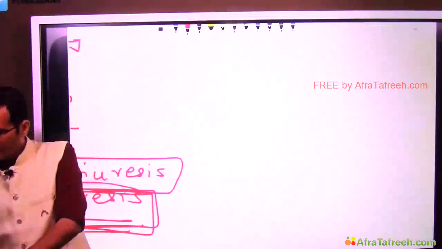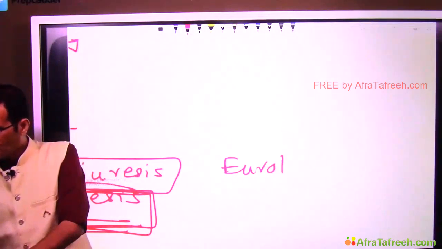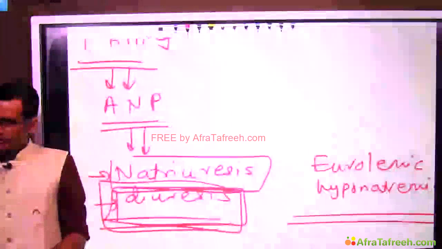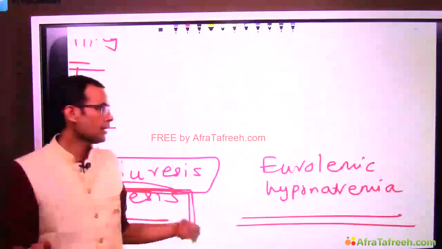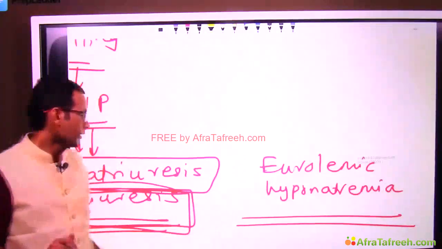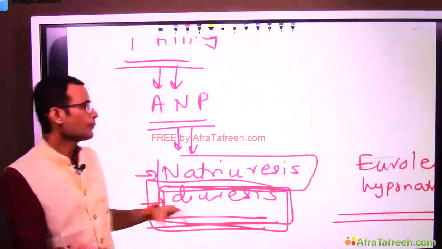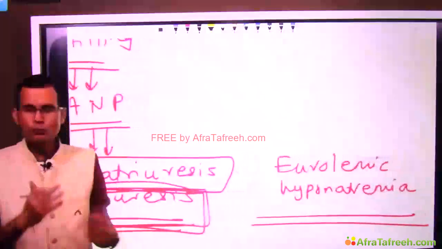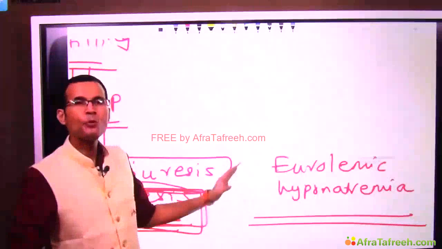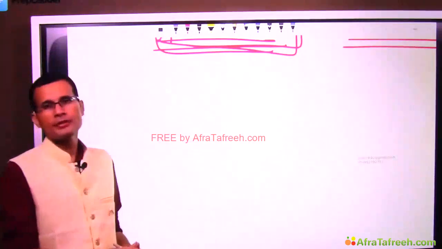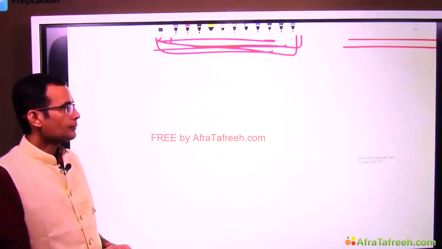Therefore, now the condition will be euvolemic hyponatremia. So please remember, SIADH starts as a dilutional hyponatremia, and because ANP was released as a counterbalancing hormone, the end result would be euvolemic hyponatremia. So that's the disturbances in the body fluid compartments.